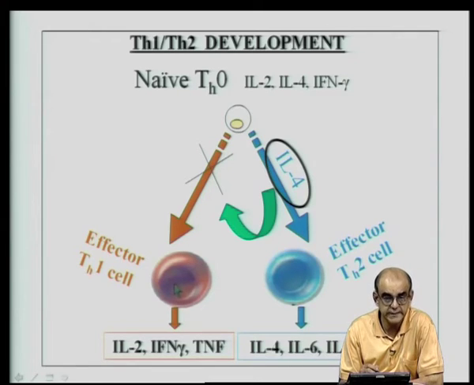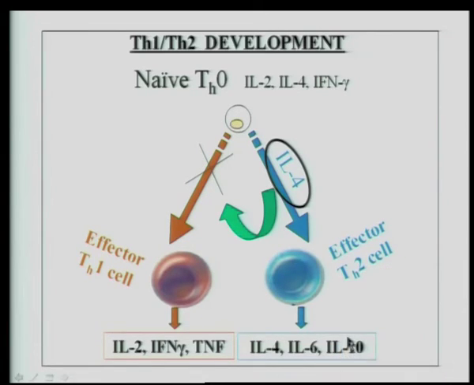Basically, you find that there is more and more of IL-4, more and more of IL-6 and more of IL-10. So, the more the IL-4, you get more of Th2 activity and an inhibition of the Th1 type.